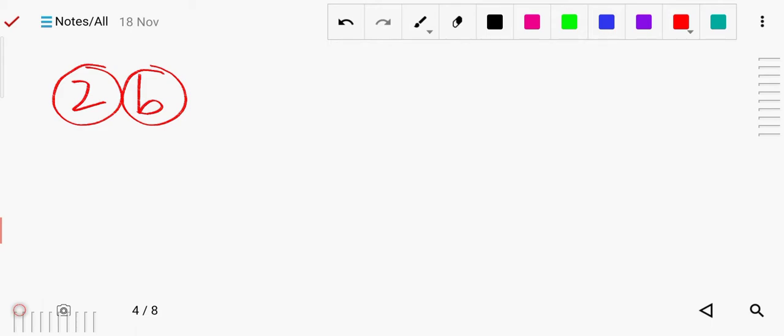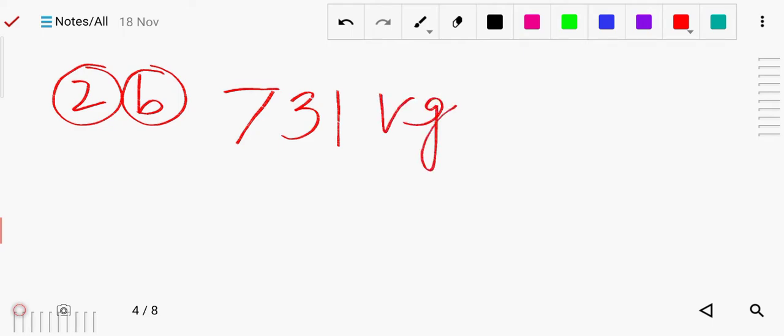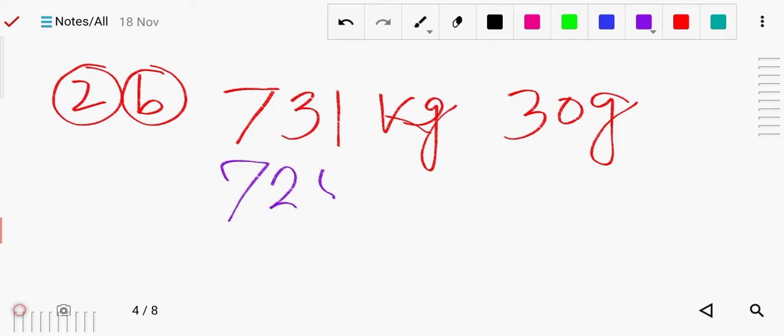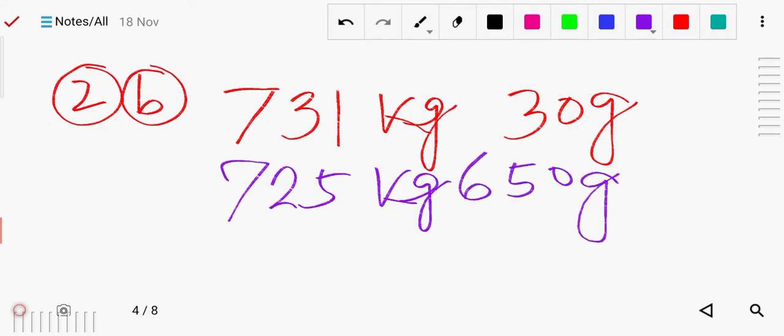So let's do it. 731 kg, okay, and 30 gram, okay? Now the next number, 725 kg, okay, and 650 gram. Here is no digit for the 100 place, so you can put the 0.